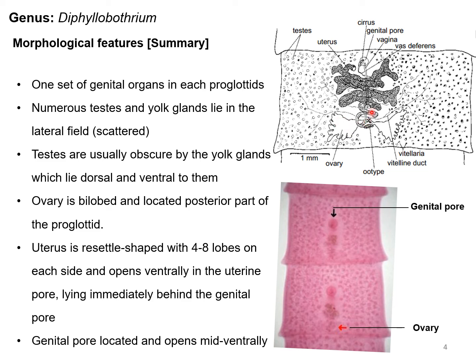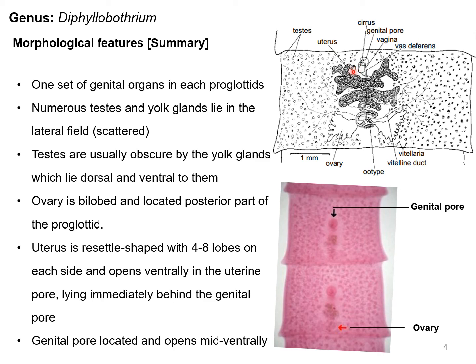Another important feature is the lateral branching or lateral lobes of the uterus, and from each side there will be 4 to 8 lobes, and you can see there is an opening.